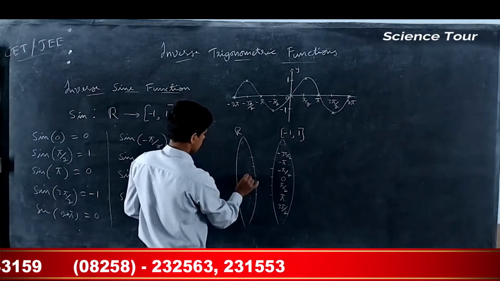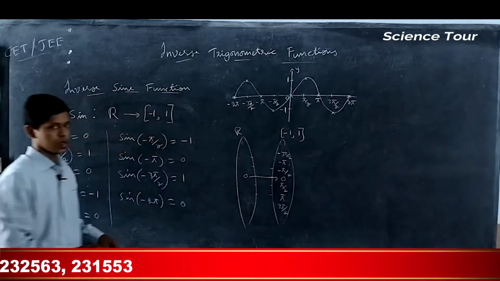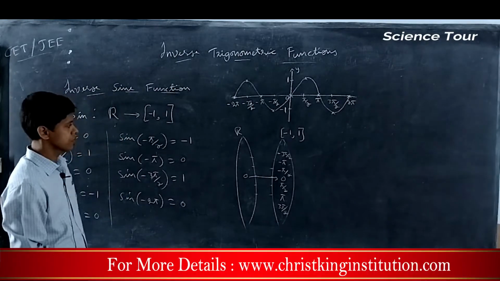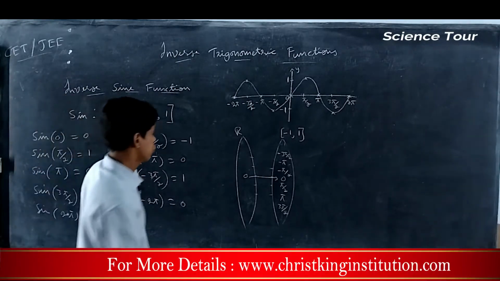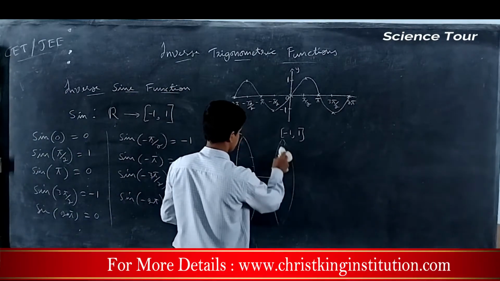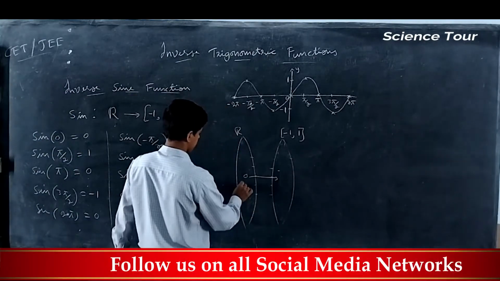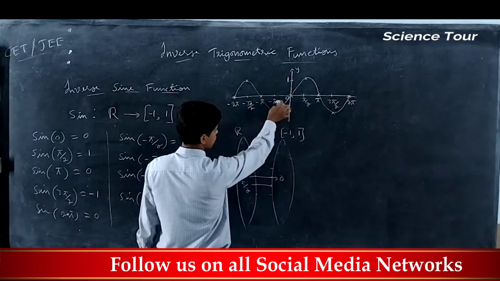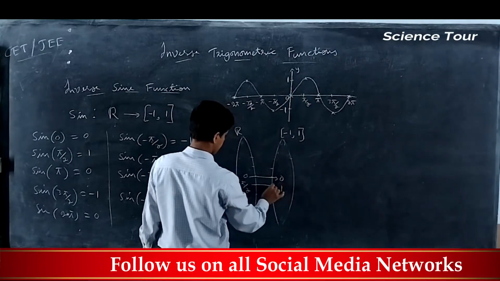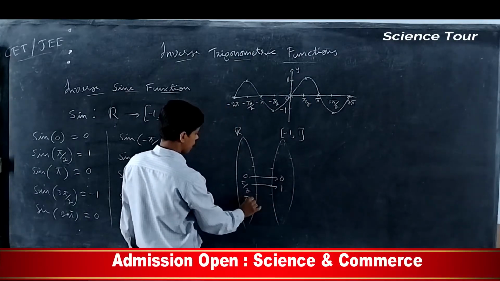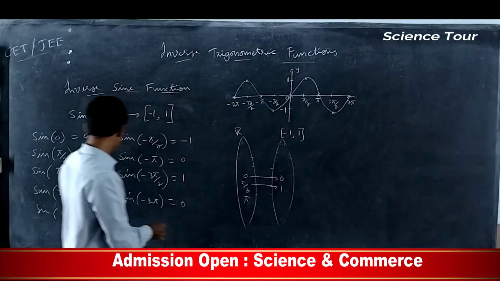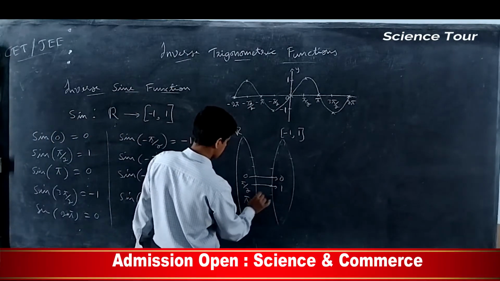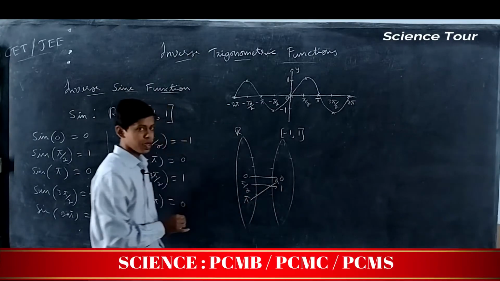Now sine 0 is 0, right? And what about sine pi by 2? Sine pi by 2 is 1. Now sine pi, what is sine pi? It is 0. So sine pi is 0, don't write 0 again, 0 is already there. So sine pi will go to 0.